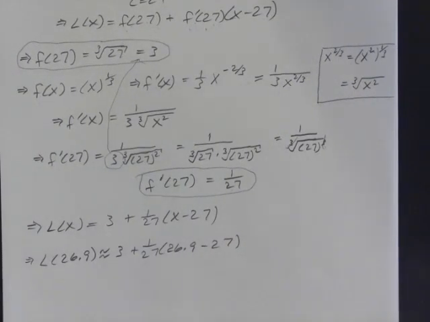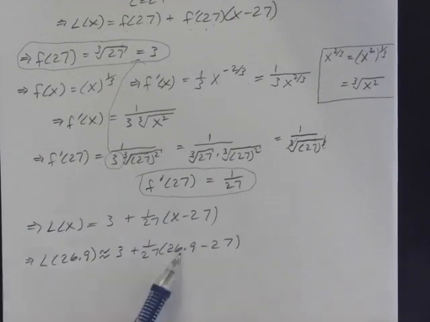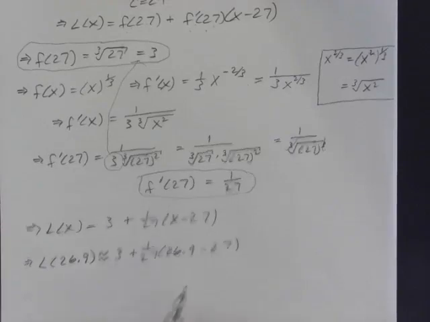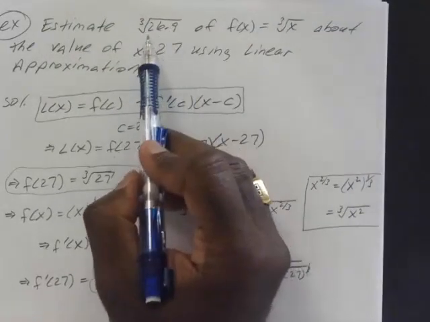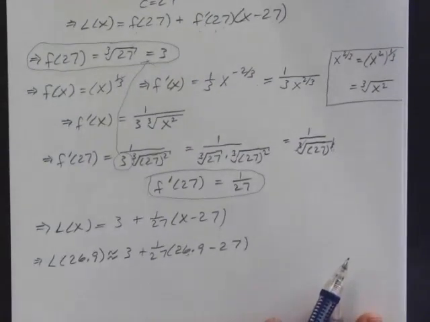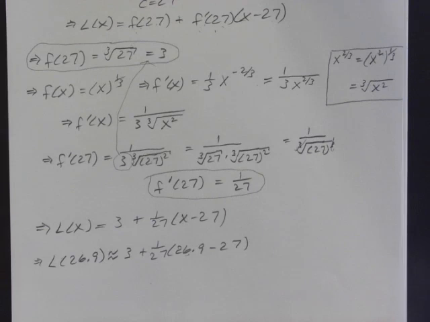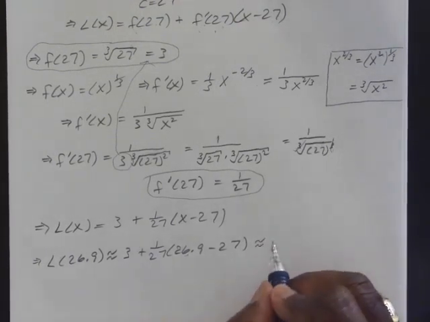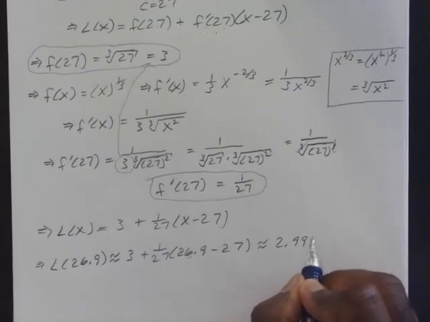Is that supposed to be the cube root of 27 or 26.9? Just 26.9, because the only thing you're changing is the x. Okay, so if you plug that into your calculator, you should get approximately 2.9963.